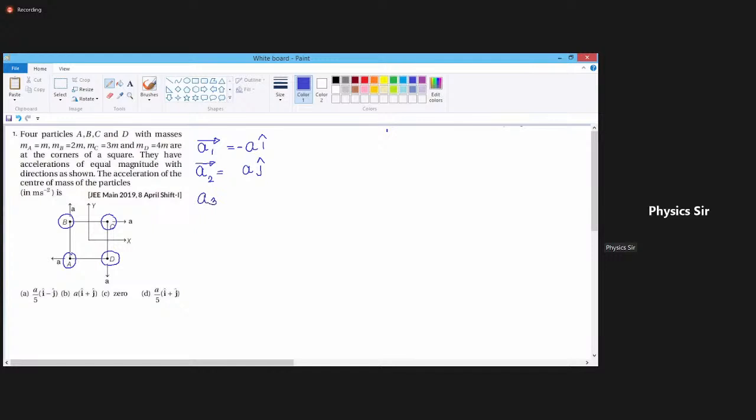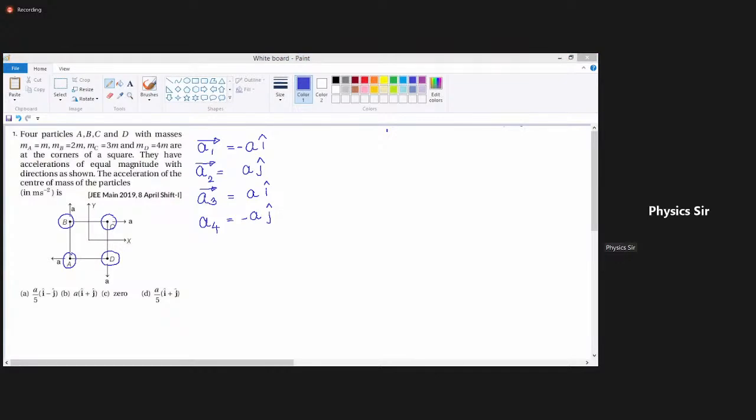The acceleration of particle 3 at C will be A I cap. And the acceleration of particle 4 has magnitude A and it is along the negative y-axis. Have you all understood this? So I can proceed ahead.